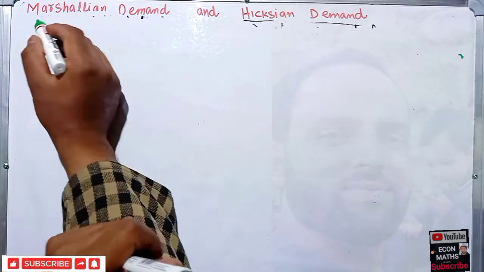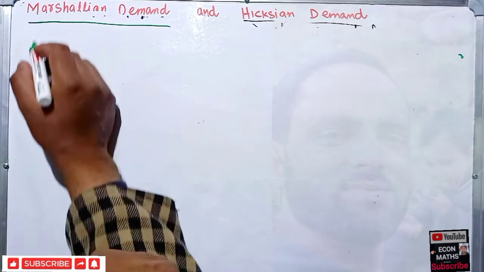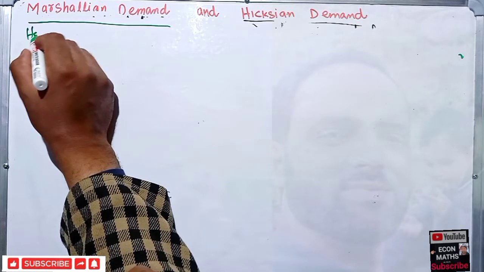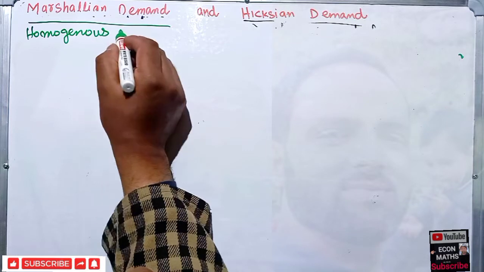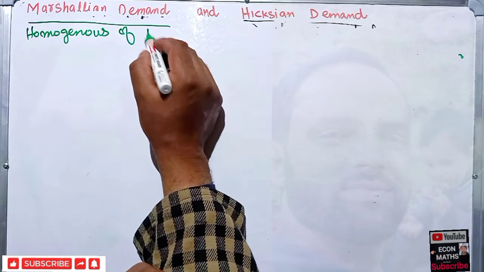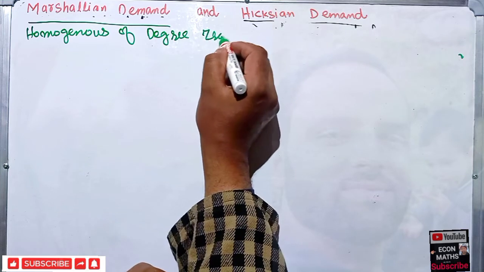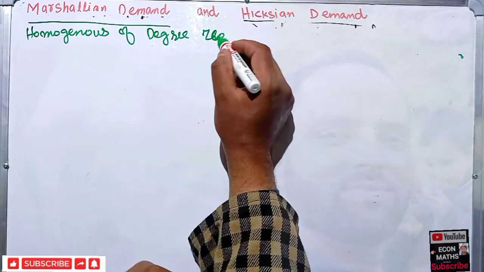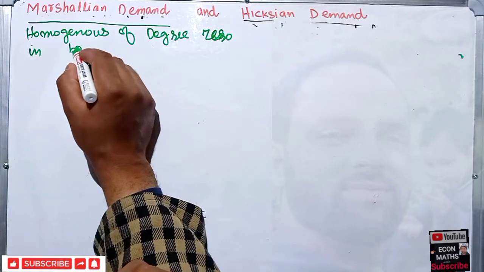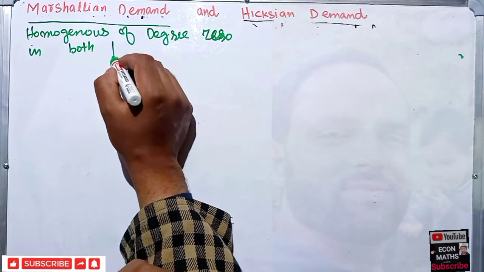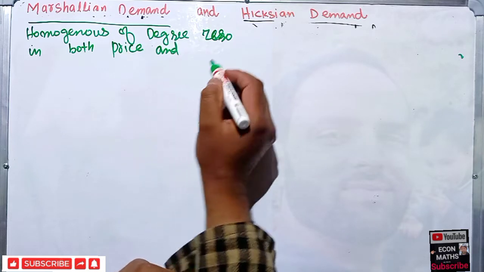This Marshallian demand function is homogeneous of degree 0 in both prices and income.